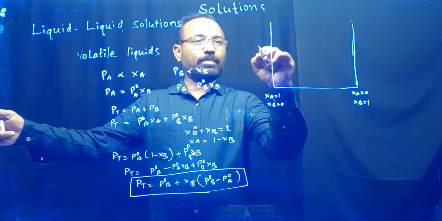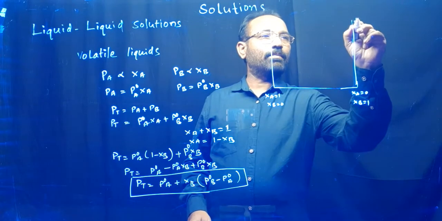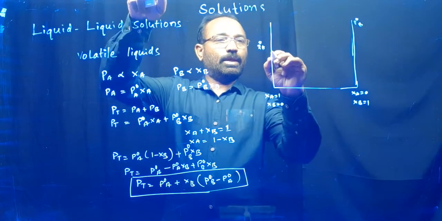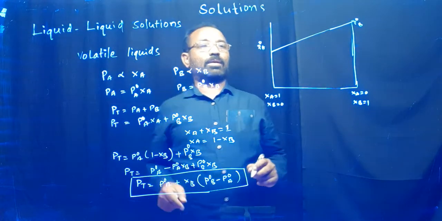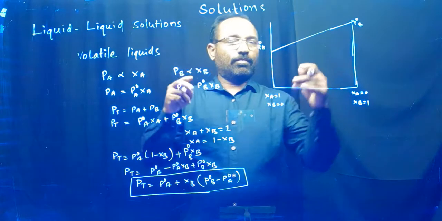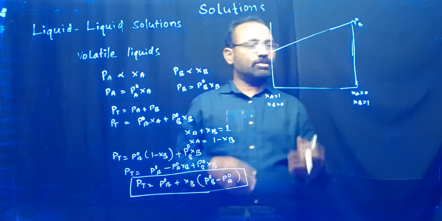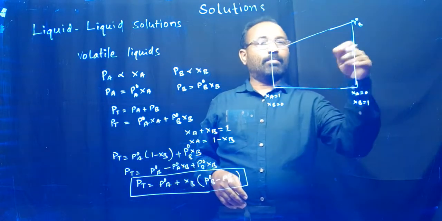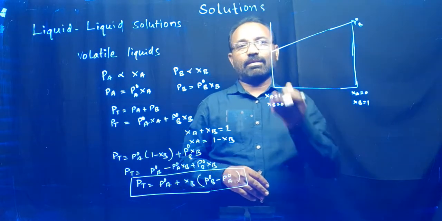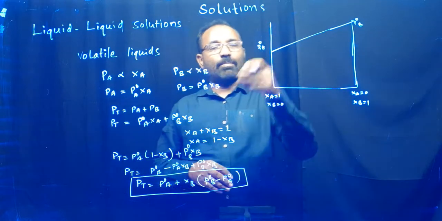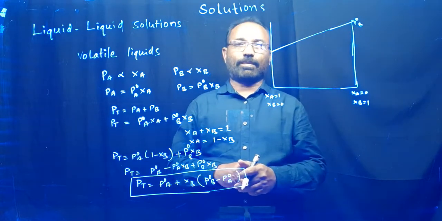And this is the P naught A value and this is the P naught B value. When two liquids are mixed in different proportions, let us assume component B is more volatile than component A. That means component A has less vapor pressure and component B has more vapor pressure.